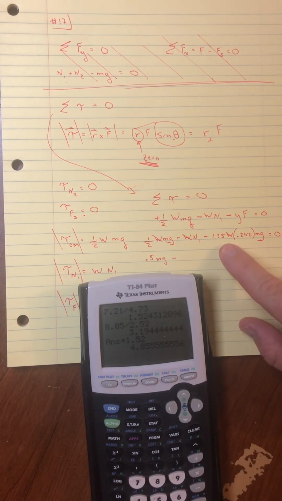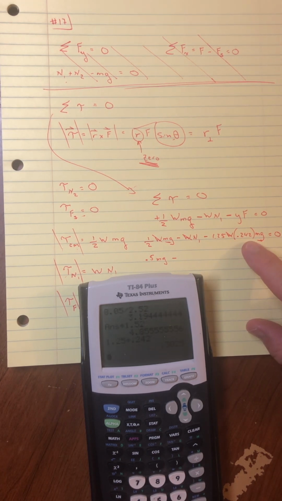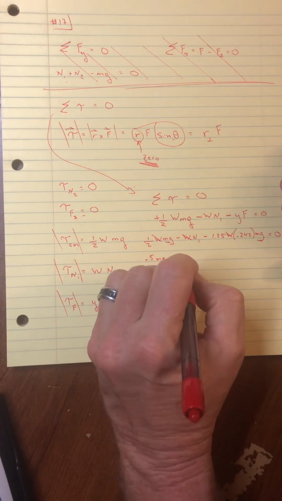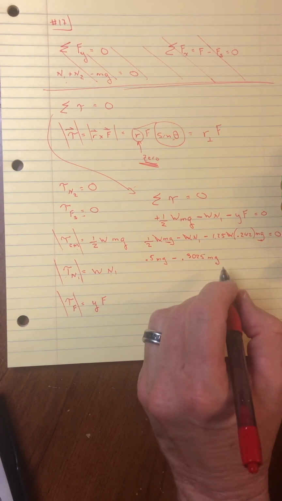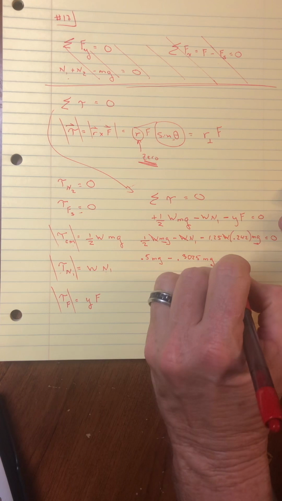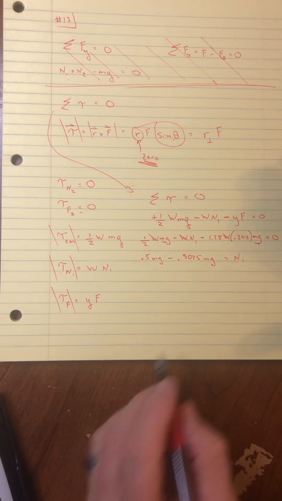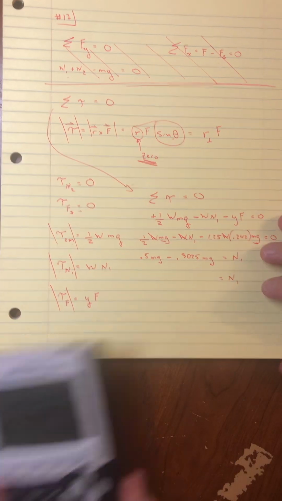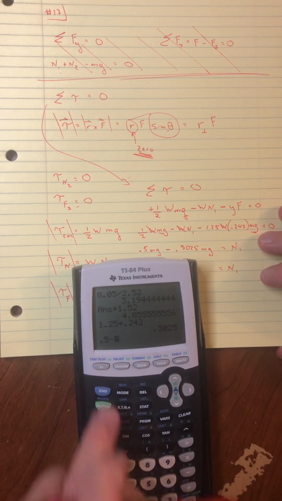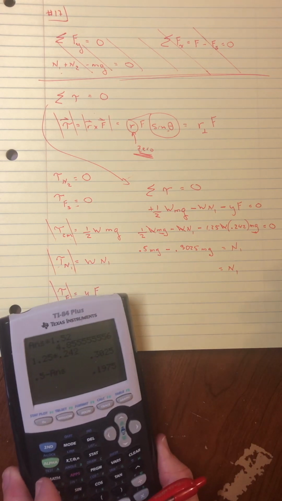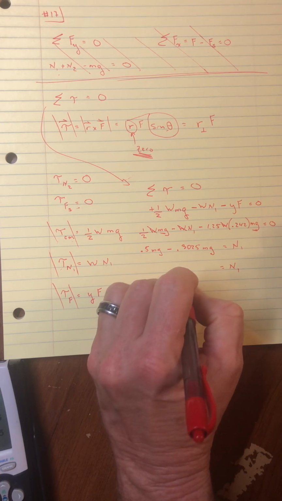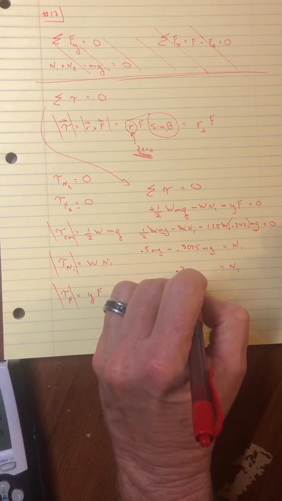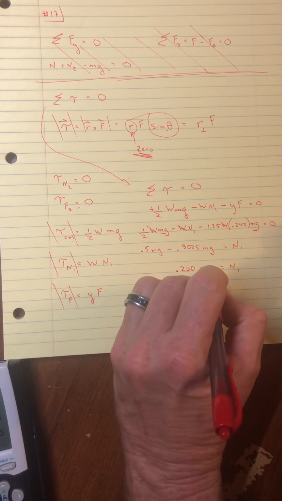So this would be 1.25 times 0.242, and that would be 0.3025 mg. And this one here I'm going to bring to the other side so that it's just N1. And so now I have 0.5 minus that last answer. And this would be then about 20%, so 0.200 mg.